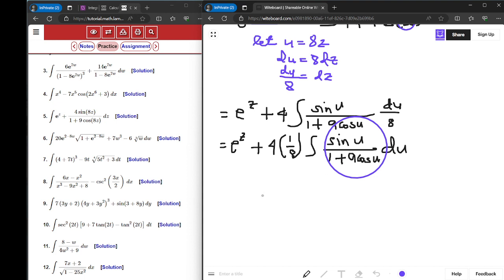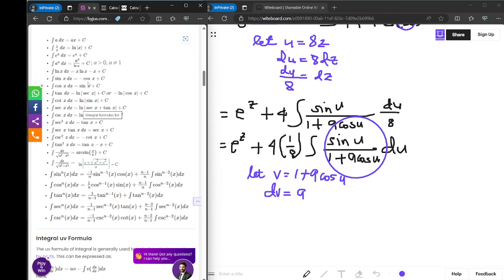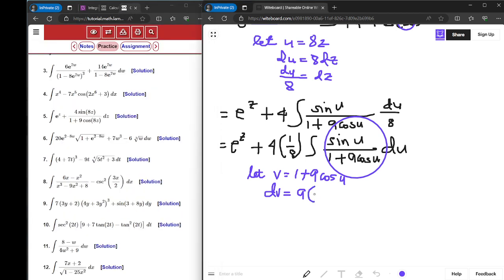So let's try to use another variable. If I would let v, let's try v. If v is equal to 1 plus 9 cosine of u, then the derivative of v will be 9 times the derivative of cosine, which is negative sine, so that will be negative sine of u du.